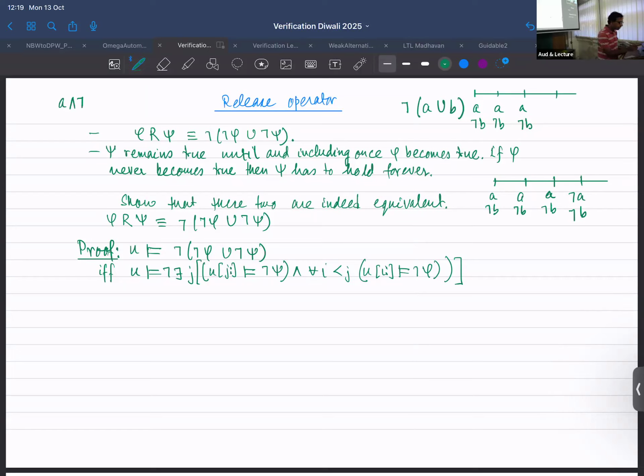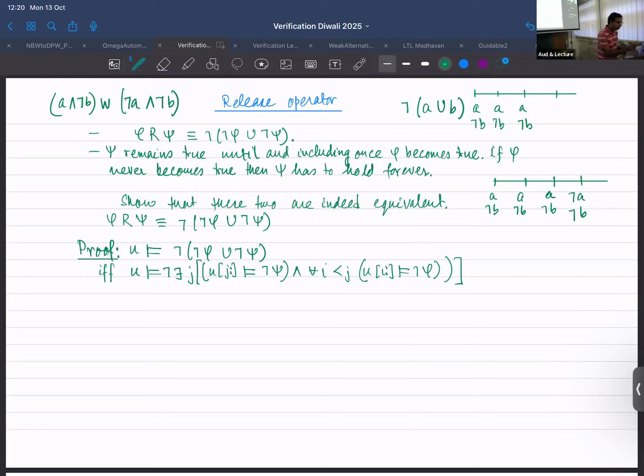So A and negation of B, weak until negation of A and negation of B. So the right hand side will be like negation of phi and psi, weak until phi and psi.